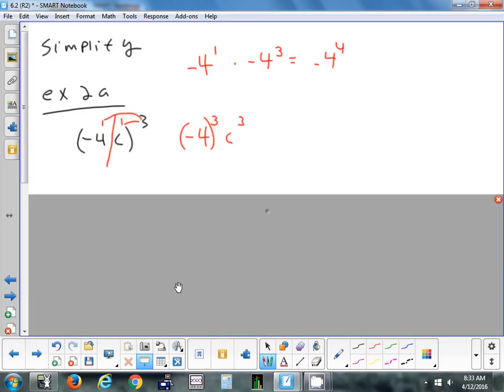I did one like that yesterday. Anybody know what this is going to be? Negative 64, right? This means -4 times -4 times -4. I'm going to get 16 here times -4. It's going to give me -64.